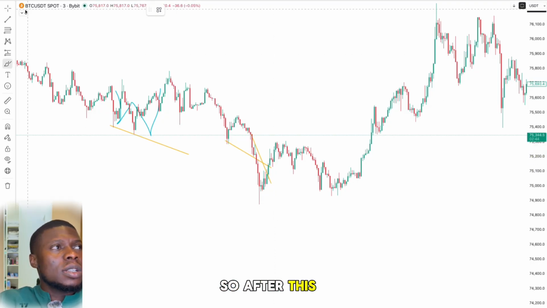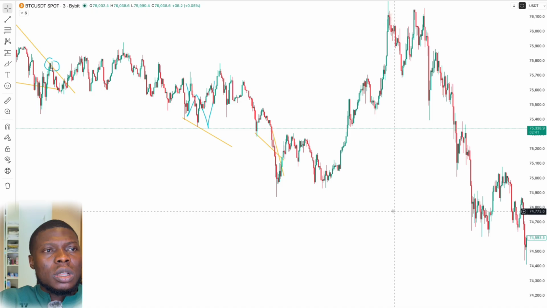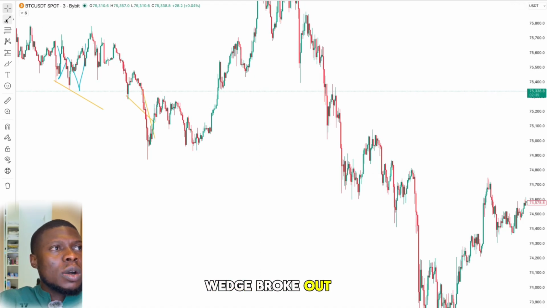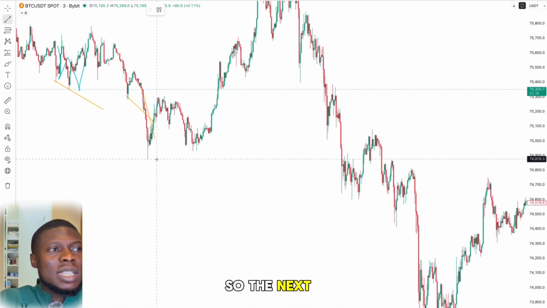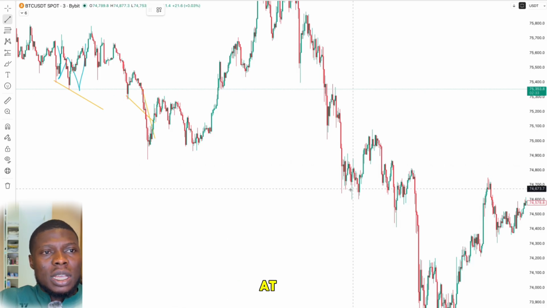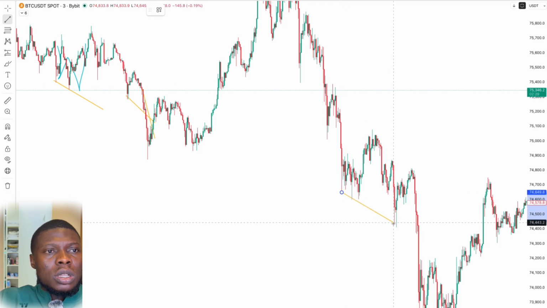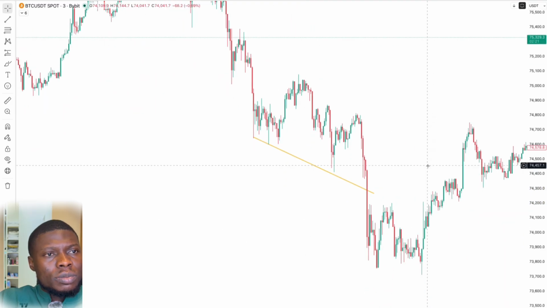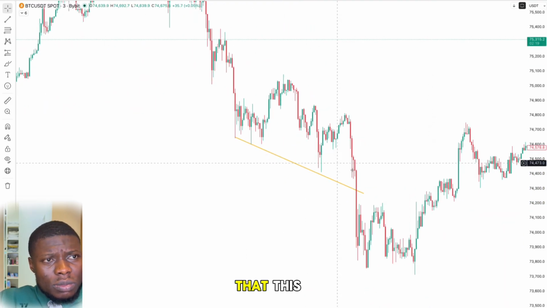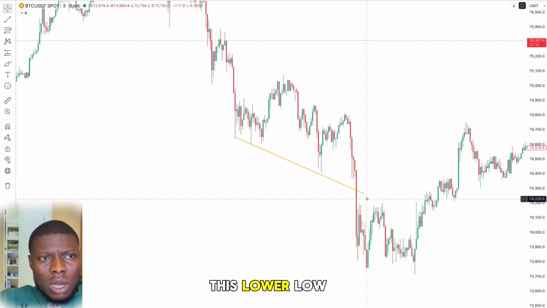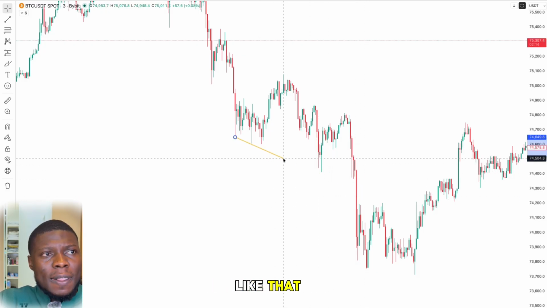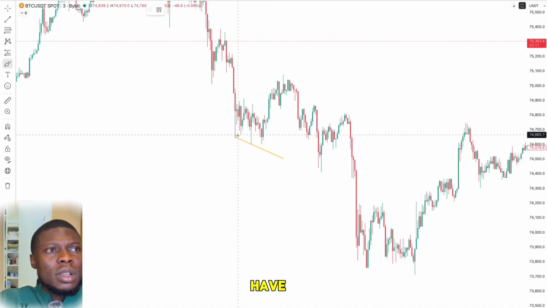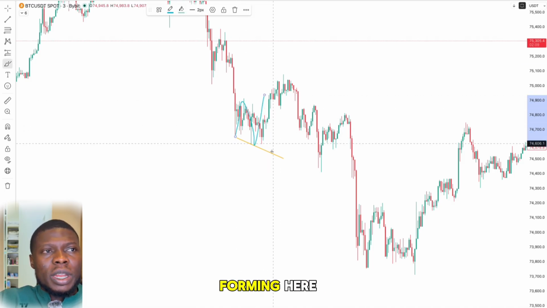So after this, let me zoom out. Okay, so the wedge broke out at this zone. So the next available swing that I'll be looking at is these two. So you see that I'm still omitting this lower low swing, so I won't draw so far like that. I will just conclude that I have a double bottom forming here.